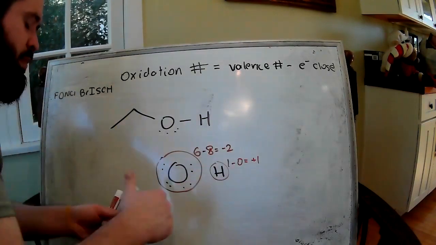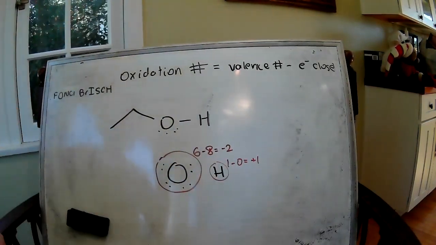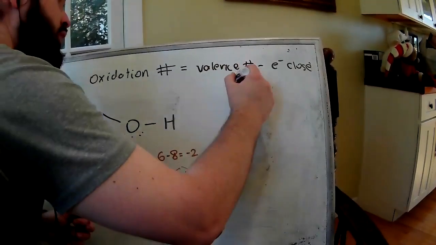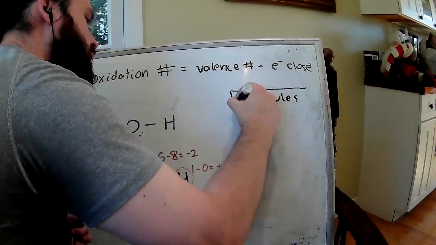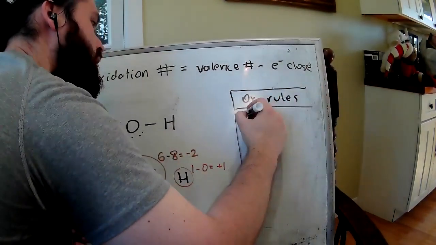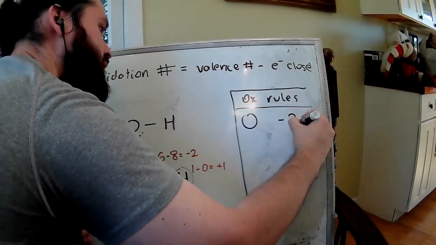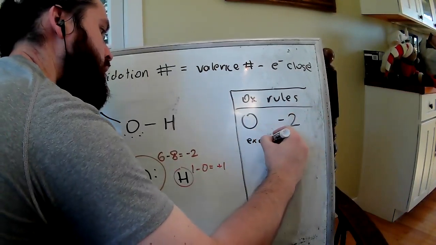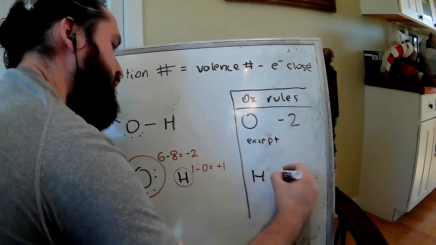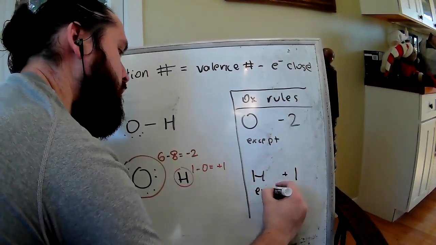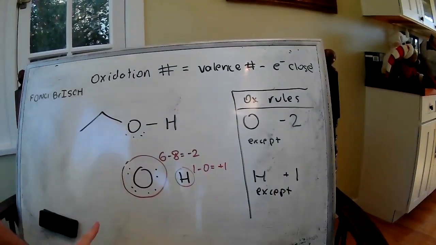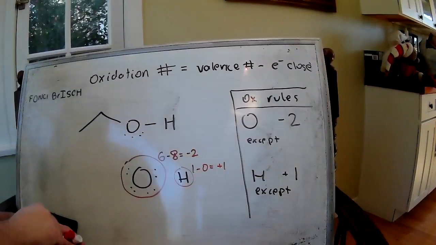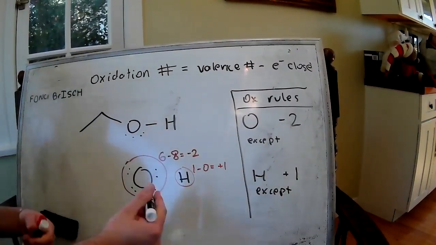Now, if this -2 and this +1 look familiar, they should, because if you remember your oxidation rules, we like to say that oxygen is usually -2 and hydrogen is usually +1. So this should be looking very familiar, even if it's in a new way of thinking about it. And then I said we'd come back to carbon.